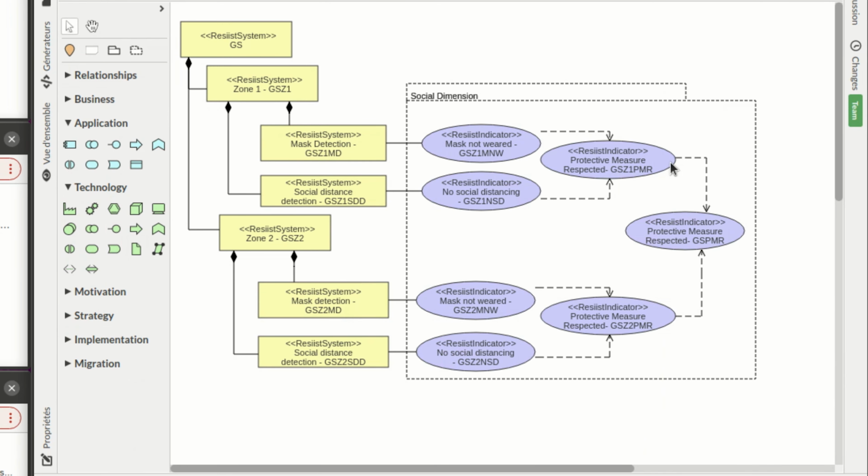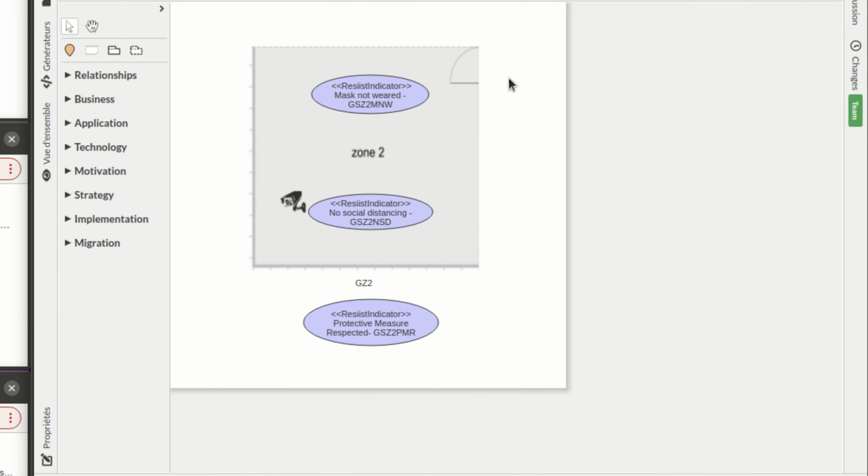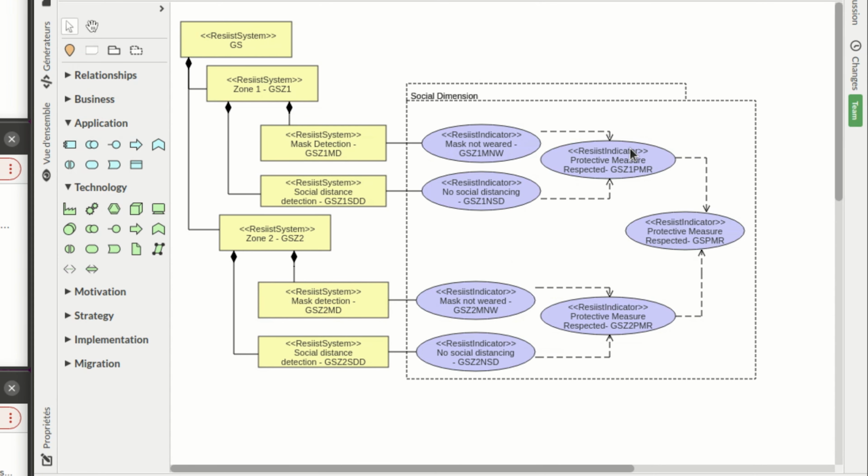As previously, we have a conceptual representation of the grocery store and its two zones. For the second zone, there is exactly the same mechanism as described previously for the first one, with the same indicators. Finally, once we obtain the PMR of each zone, we aggregate them via a multiplication and obtain GS PMR.